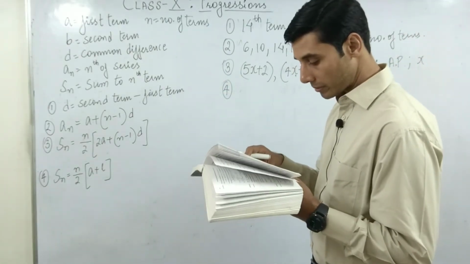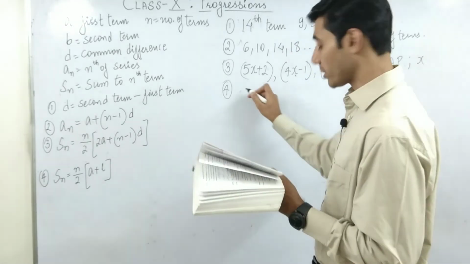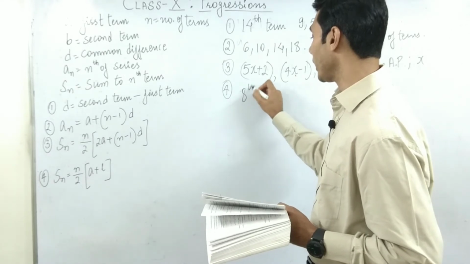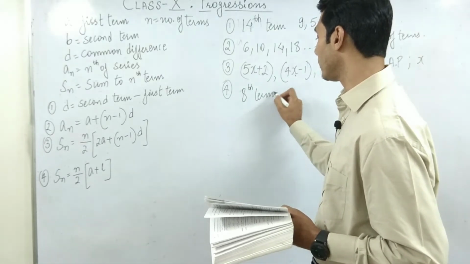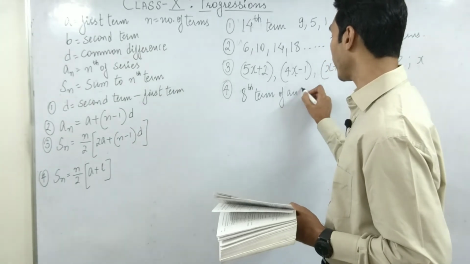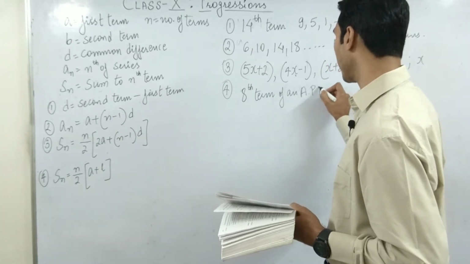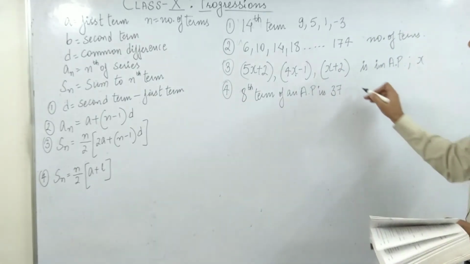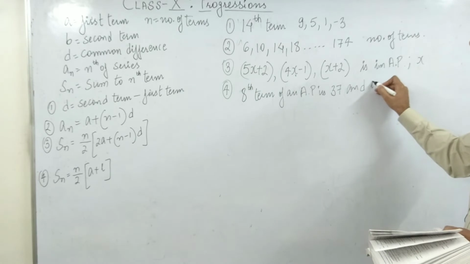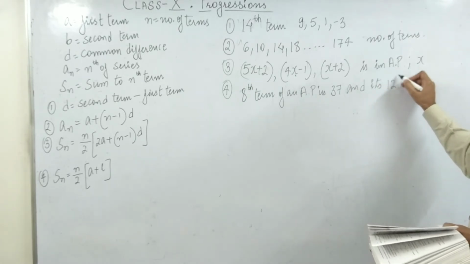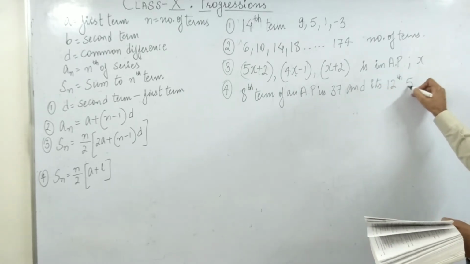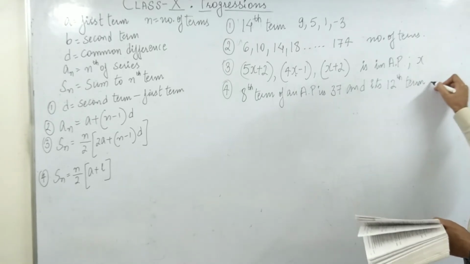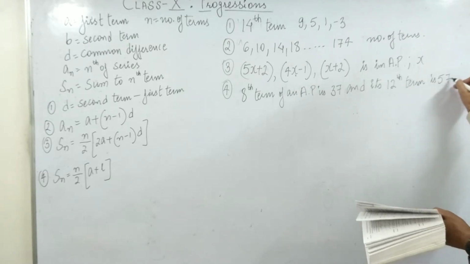There's this question. The 8th term of an AP is 37 and its 12th term is 57.